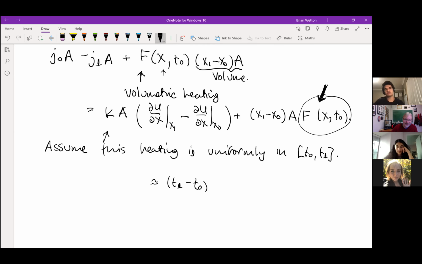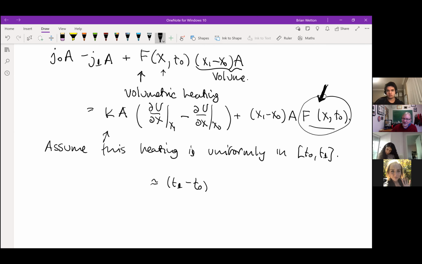So again, these are capital U's. Maybe that's not clear. Capital U's. If we had a heat dissipation that depended on U, then this F would also depend on U. But I'm not thinking of it that way.